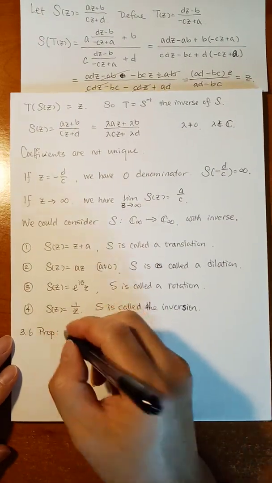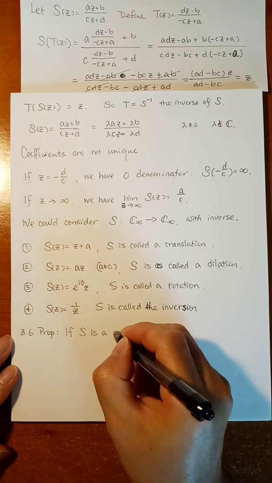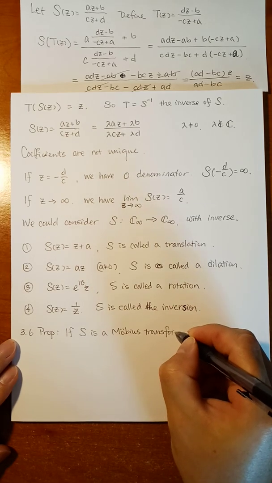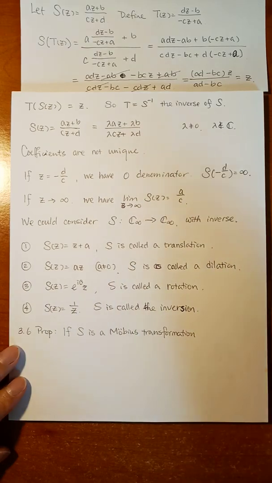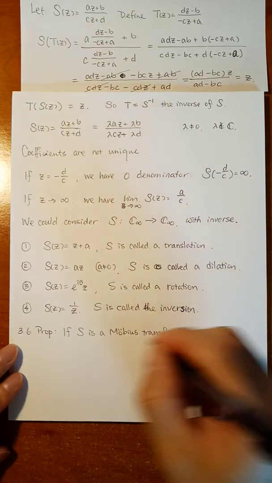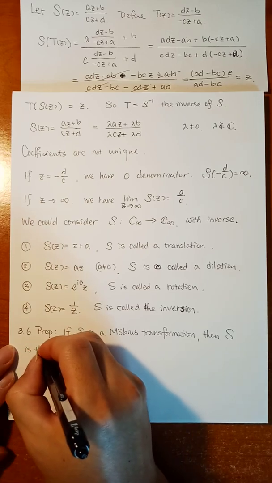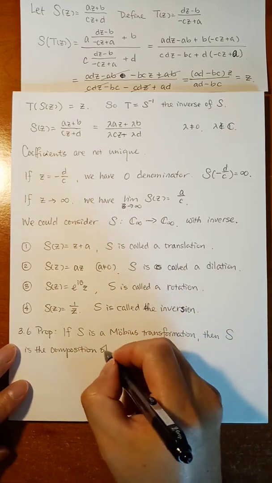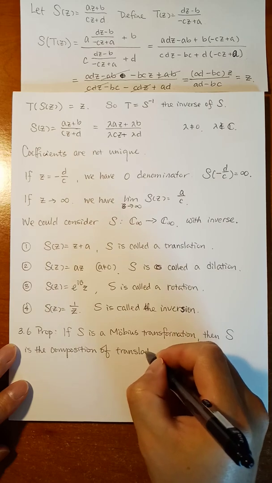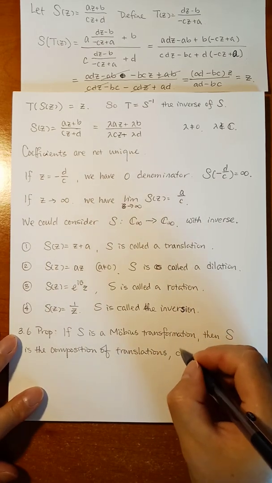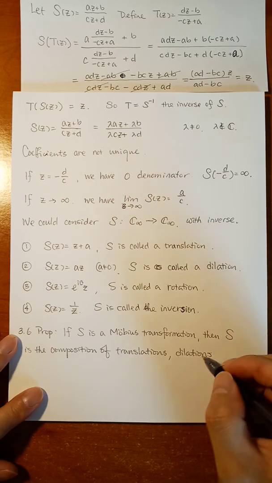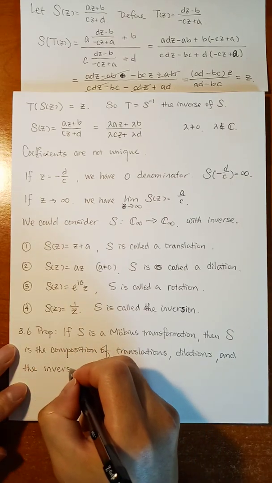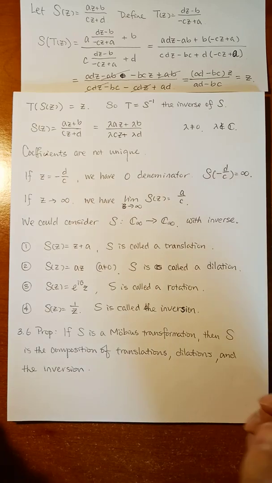If S is a Mobius transformation, then S is a composition of translations, dilations, and the inversion.